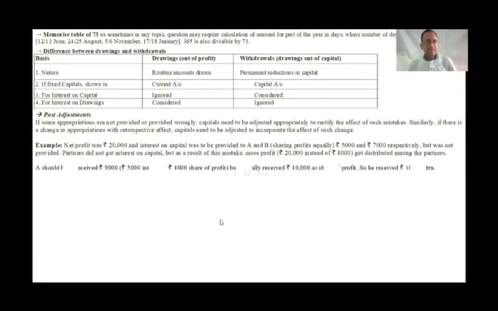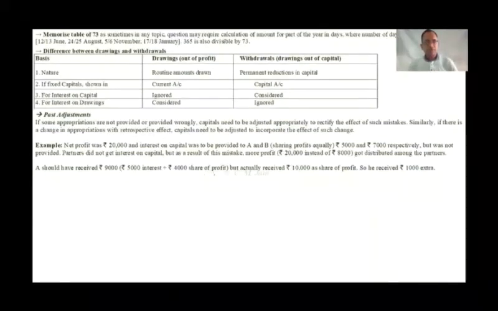Now let us see individually in the case of each partner. A should have received 5,000 as interest on capital and 4,000, half of the remaining 8,000, as share of profit. So the total amount A should have received is rupees 9,000. I repeat, 5,000 rupees for interest and half of 8,000, that is 4,000, as share of profit.